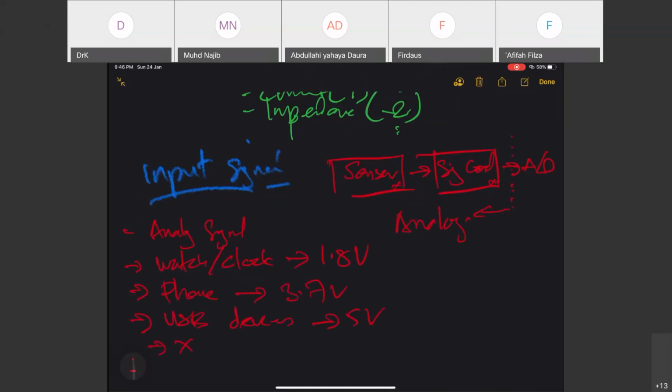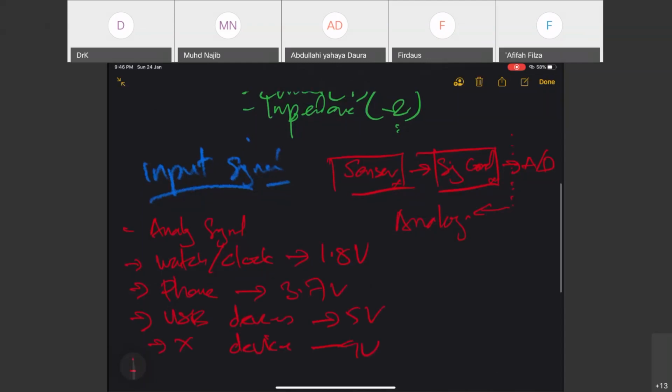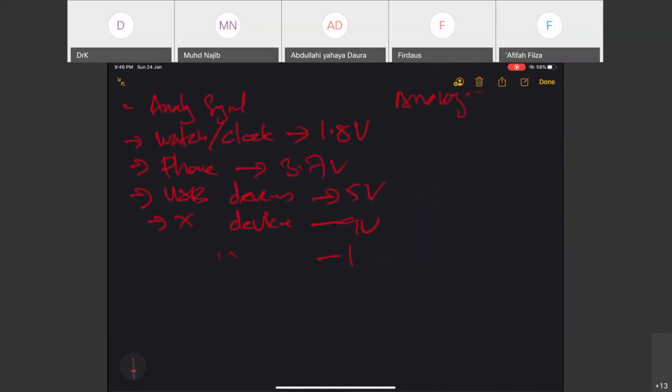There are X device, they use 9 volt. Okay, some are using 12 volt, for example, in a car system. In a car system they're using 12 volt.